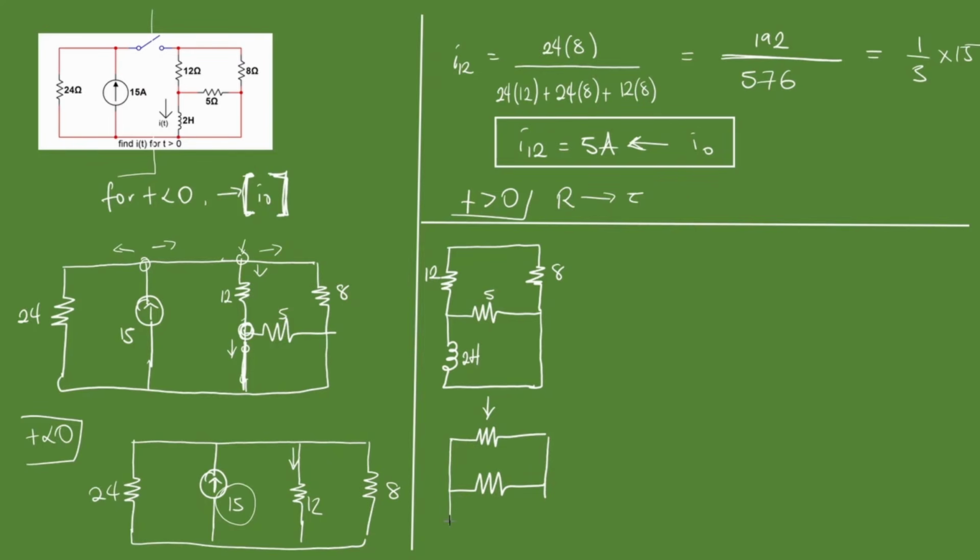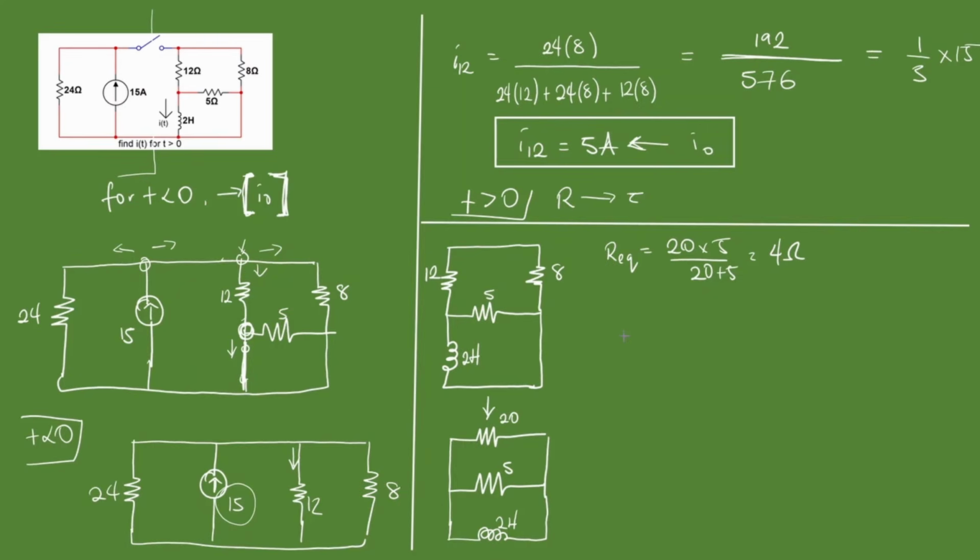Since this is going to be along the same loop, we can take this here. It's still the same circuit, with a 2 henries inductor. This is 20. This is 5. We can now find the equivalent of 20 and 5. It's going to be 20 times 5 over 20 plus 5. That's going to give us 4 ohms.